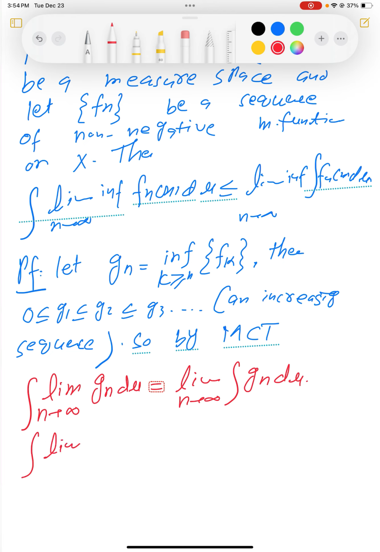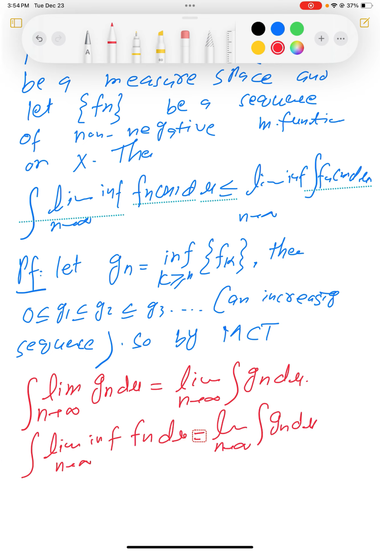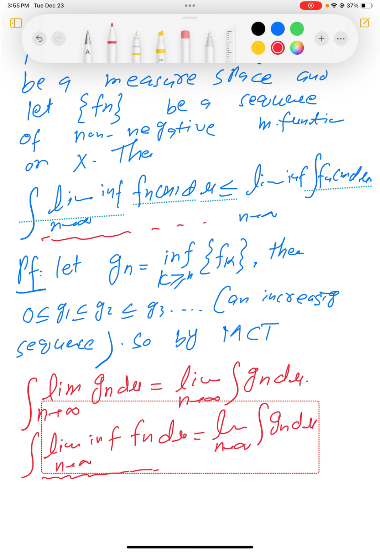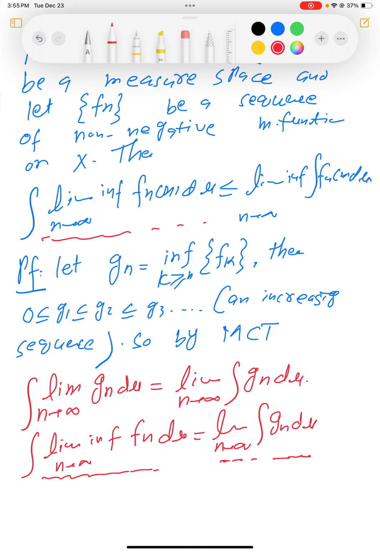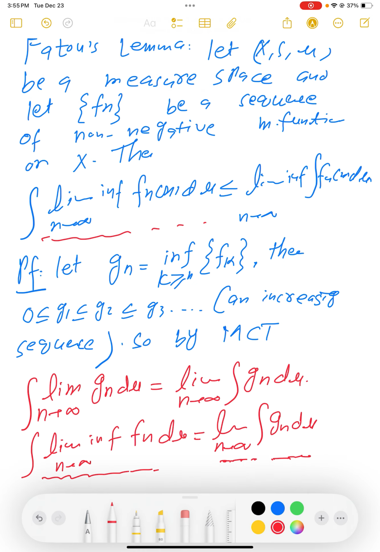This is nothing but lim inf f_n, so this is the integral of lim inf f_n d mu. But what we need to show is that this is less than or equal to the lim inf of the integral of f_n. So we need to do something with this term.